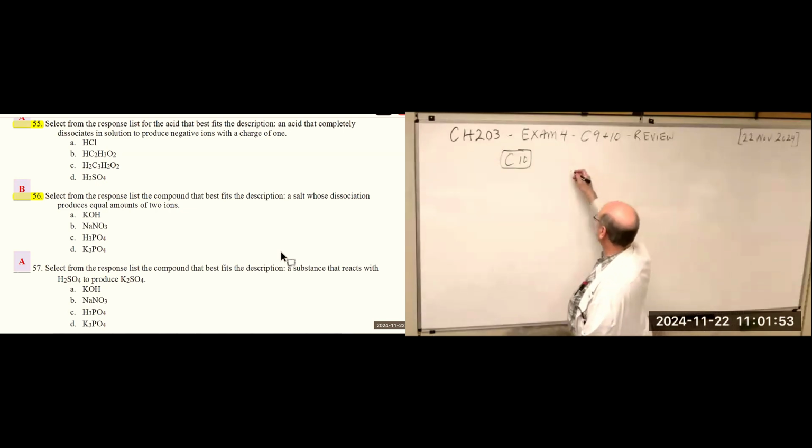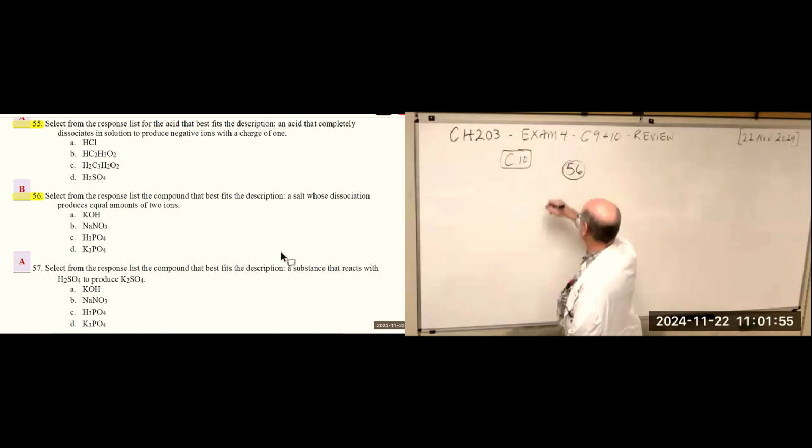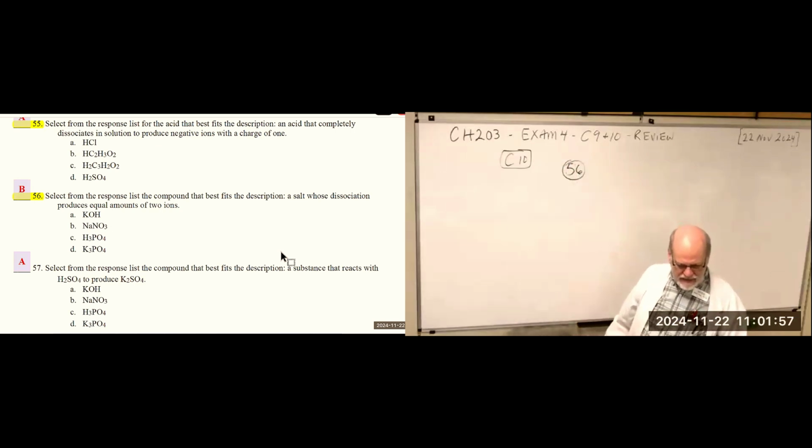Let's see, 56. List the compound that best fits a salt whose dissociation produces equal amounts of 2 ions. When we say equal amounts, we mean molar amounts. We're not talking about mass. Equal amounts.